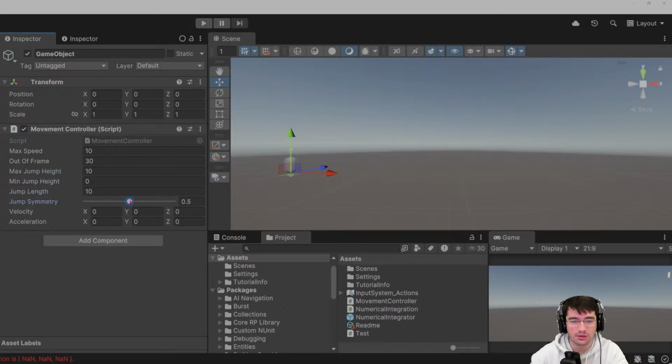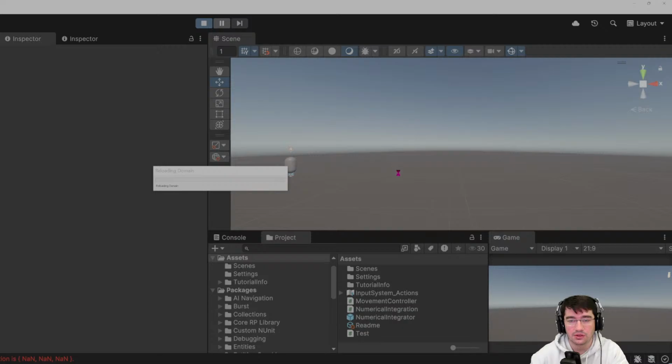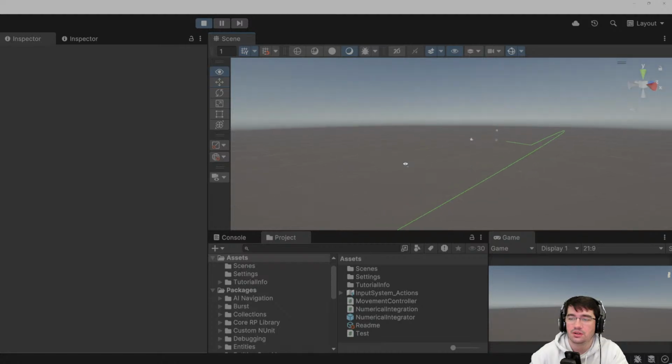Also symmetry 0.5. Minimum jump height, let's put 10 also, I don't use it yet. And let's try to jump. Ooh! That was unexpected.